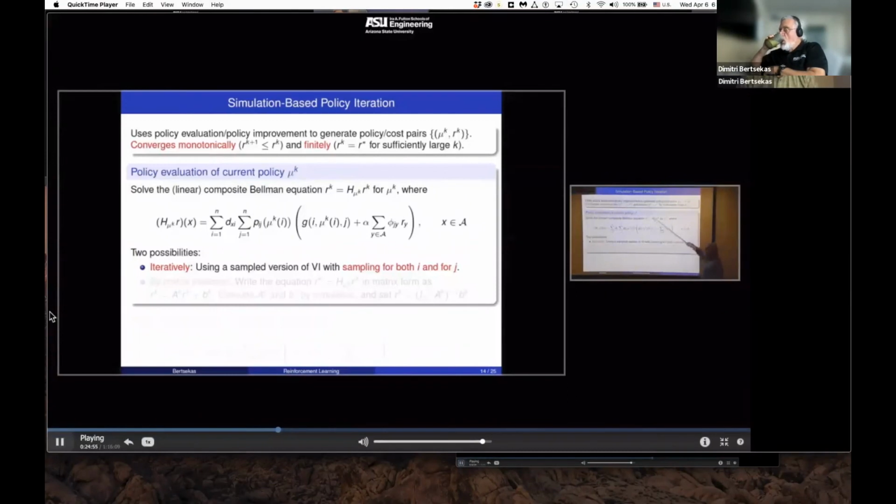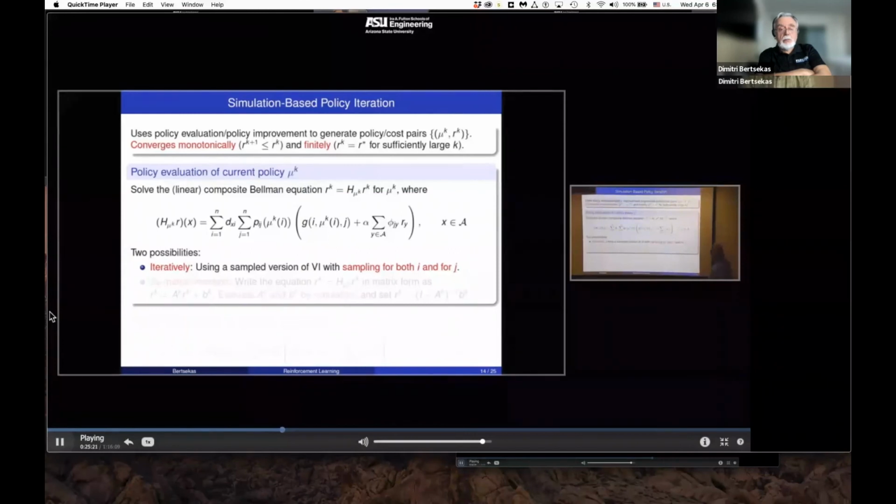And so how do I solve this policy evaluation problem? Well, I can use a sample version of value iteration, the one that I had before, but we can do sampling for both i and for j. Okay, we can sample this composite probability here, and so that facilitates a Monte Carlo policy evaluation.